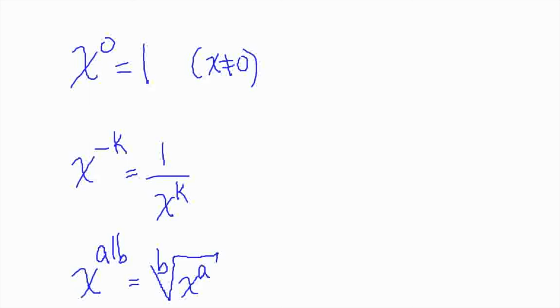A lot of times people will think that x to the 0, that 0 would be a good candidate for that definition. Let me show you why that would not make as much sense. Suppose I had x to the 4 divided by x to the 4. Now, according to the quotient rule I just talked about, this is 4 minus 4, which is x to the 0.